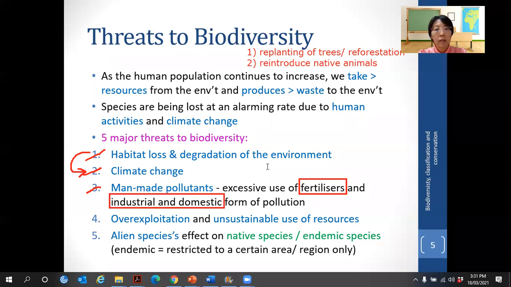Remember, effluent is the word that I've introduced to you. Effluent is the wastewater, the waste material that comes out from the domestic house, the house where we live, as well as industrial, meaning the factory. So this is the effluent. So 2 types of pollutants, fertilizers and effluents.